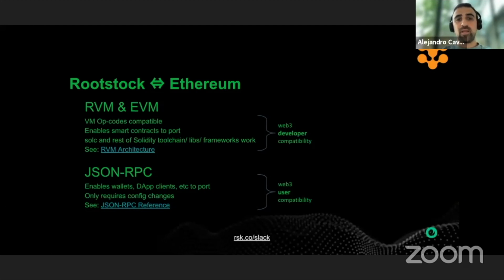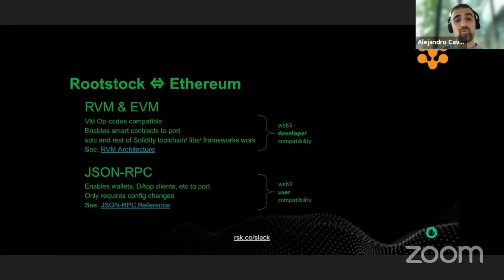So you can port any smart contract from Ethereum to Rootstock with minimal effort. That means you can use the Solidity compiler and all the tools you are used to as a Web3 developer, including libraries and frameworks, for example Web3.js and Truffle, whatever you are used to using in Ethereum, you can use on Rootstock.